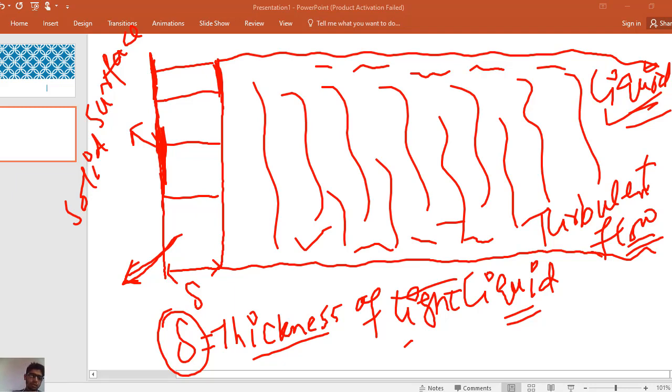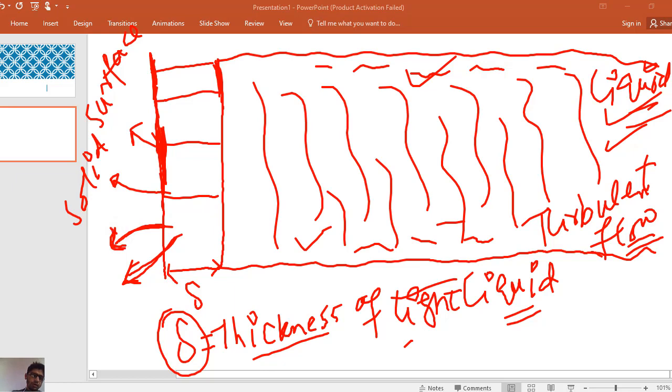So the concentration of component A, suppose component A is dissolving into the liquid having thickness delta, and when the component covers the thickness, then it comes out to the turbulent flow, and then it is carried away by convective mass transport phenomena.